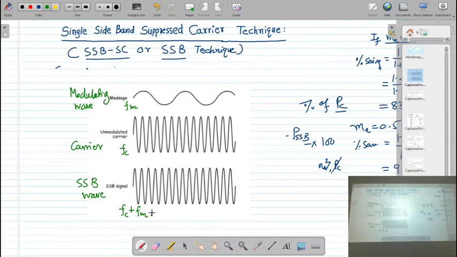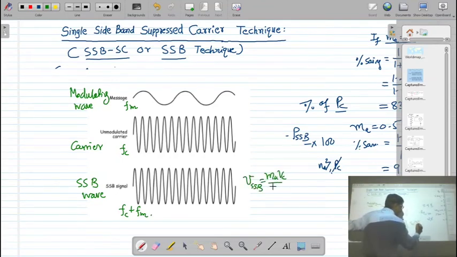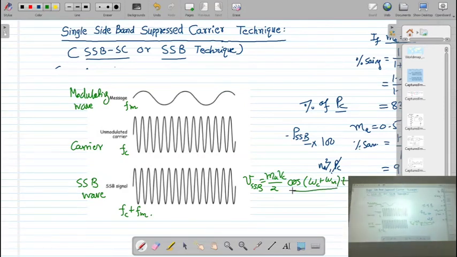And if you look at this expression, then VSSB is given by mAVc by 2 cos (omega c plus omega m) t. So here we have only one frequency. That's why you can see a single frequency.